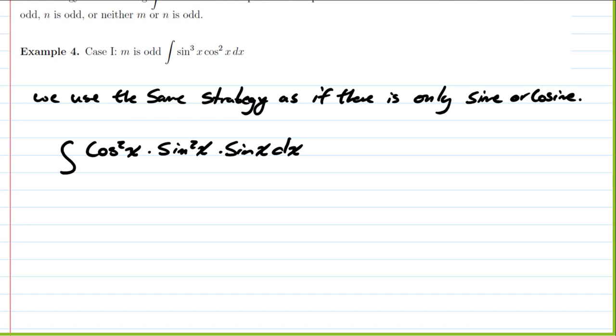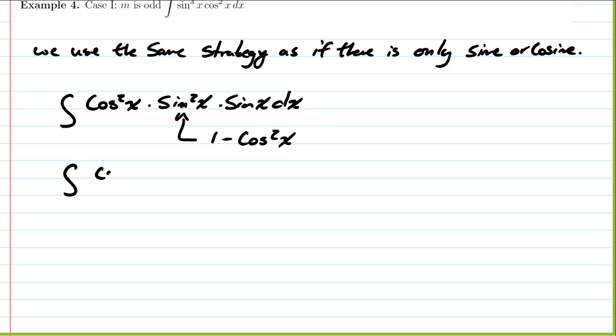And then we rewrite these as cosines. So that's going to become 1 minus cosine squared x. So we get the integral of cosine squared x times 1 minus cosine squared x times sine x dx.